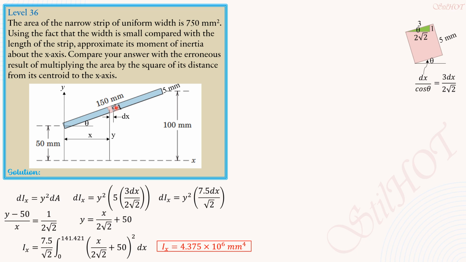Then the differential area is 750 mm square. So Ix erroneous is equal to 75 square, that's the distance from the x-axis to the centroid of the strip, times the area, 750. So Ix erroneous is equal to 4.219 times 10 to the 6 mm to the fourth. So there is really a difference in value.